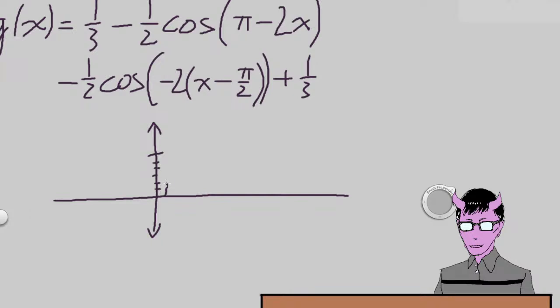So 1, 2, 3, 4, 5, 6. That's 6 out of 6. So each hash mark space is 1/6. But the big hash mark is positive 1. So keep that in mind. So that one right there is, what is that? -3 over 6. So that's -1/2.